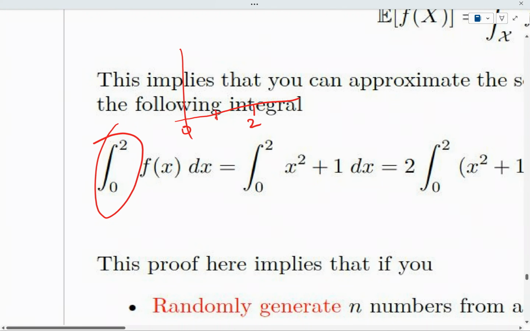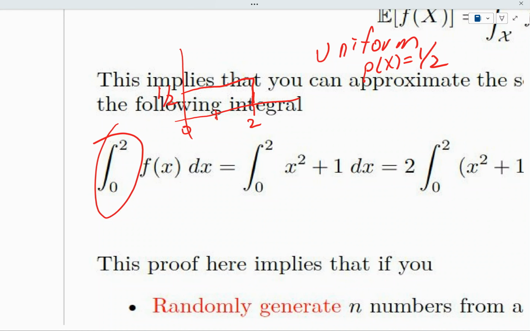Well, one of the simplest distributions you can have is a uniform distribution, uniform between 0 and 2. So the height will be p of x equals 1/2. The reason it's 1/2 is because the area has to equal 1. It's a probability distribution, so 2 times 1/2 is equal to 1.